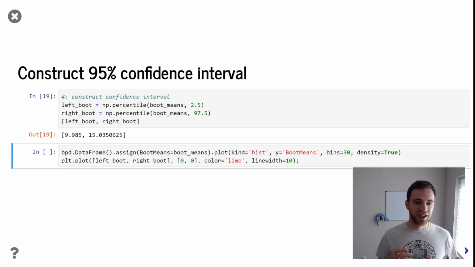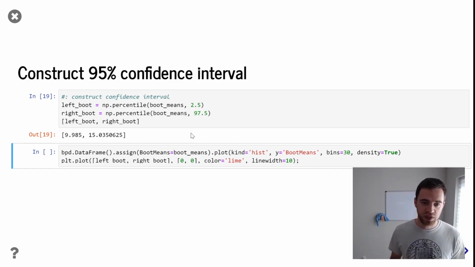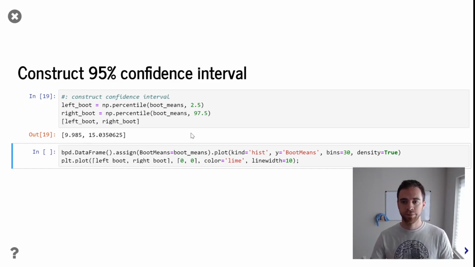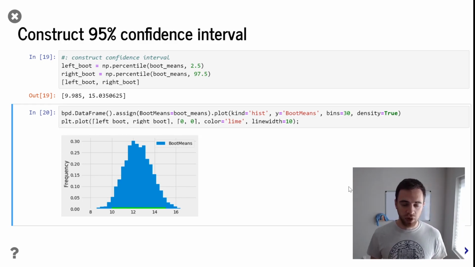It says that we're 95% sure that the population mean falls within this interval, 9.9 to 15. Okay. And so here's what our confidence interval looks like on our histogram of bootstrap means.